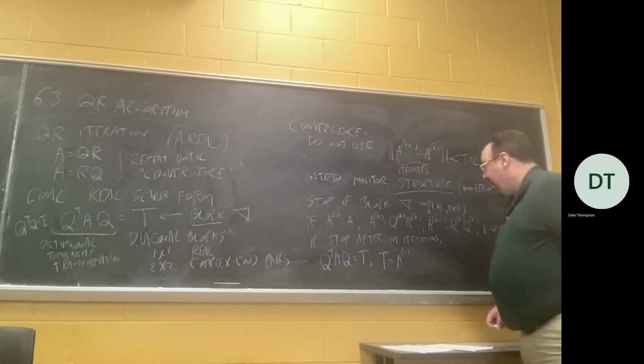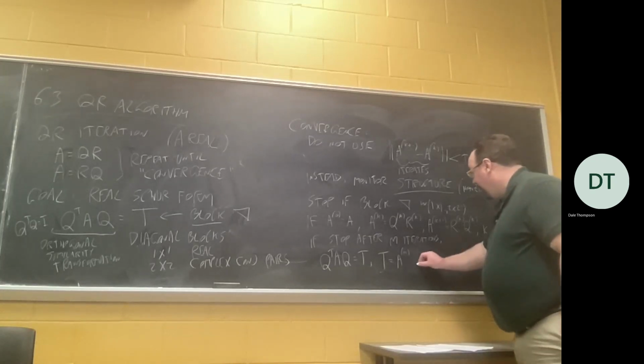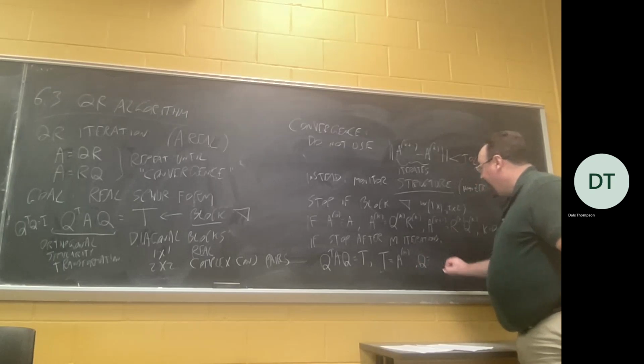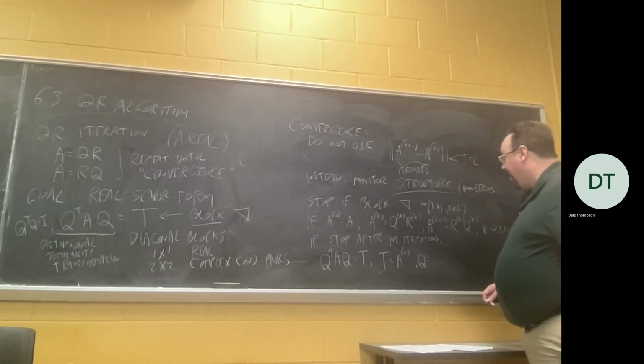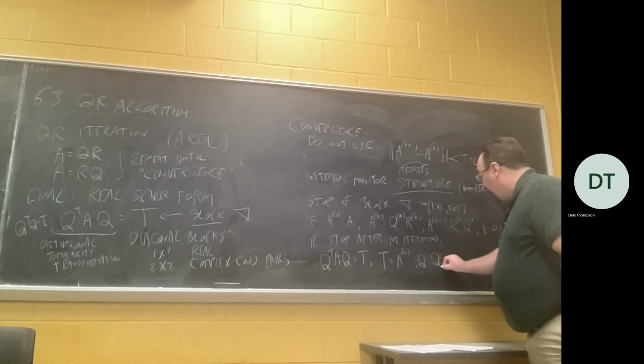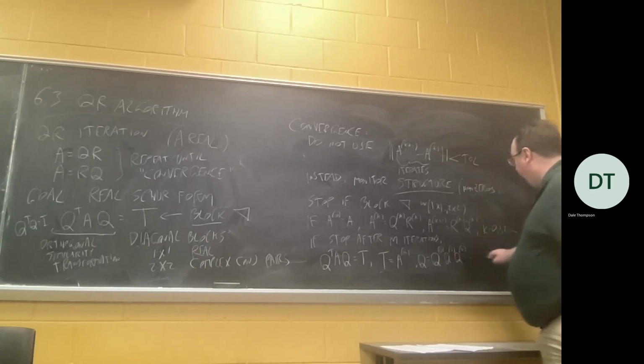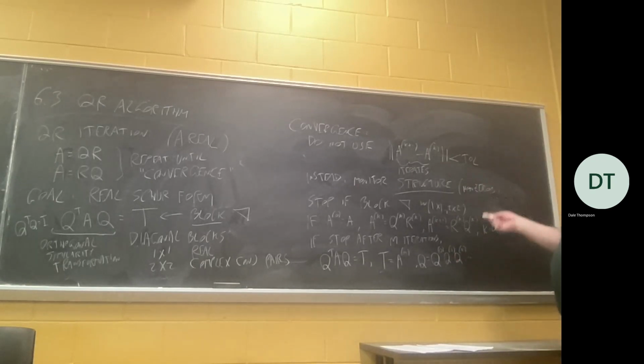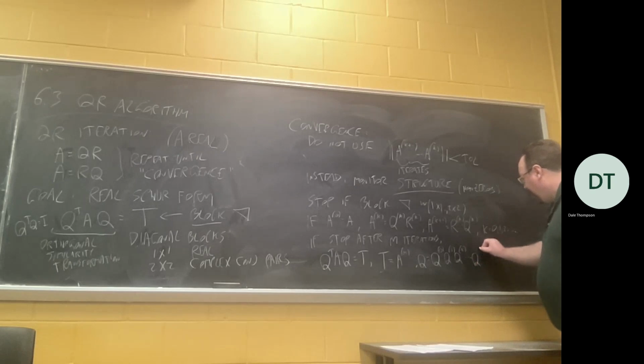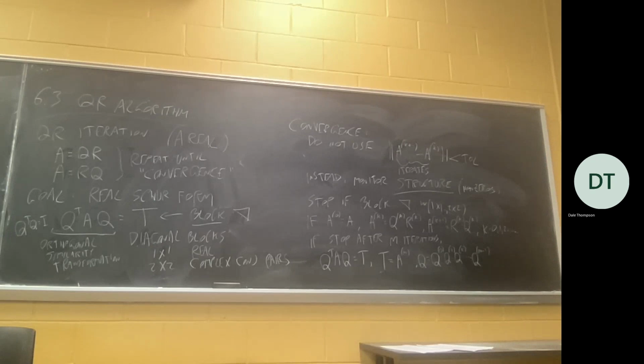But also Q is the product, in this order, of the m Q's that you accumulated, so Q_0 to Q_(m-1).